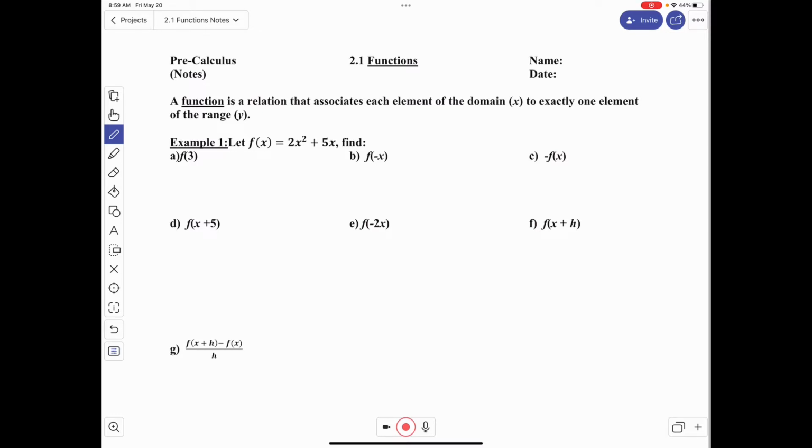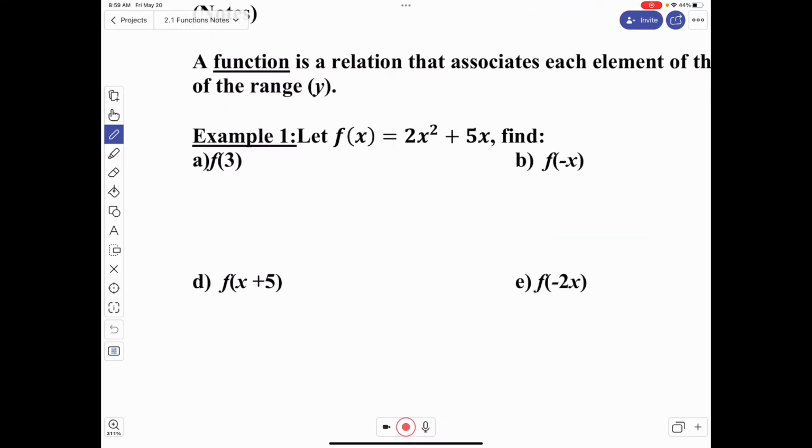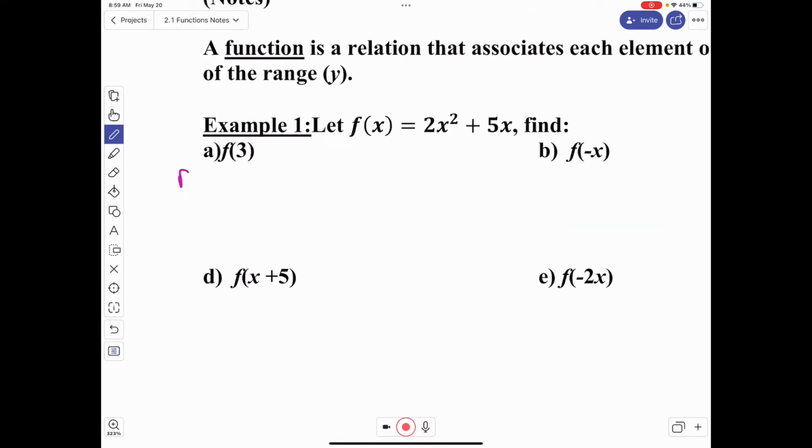So for example 1, if we have f of x equals 2x squared plus 5x, if we find f of 3, well, 3 is in the place of x. So anywhere you see an x, you're going to plug in the 3, and you will simplify, okay?